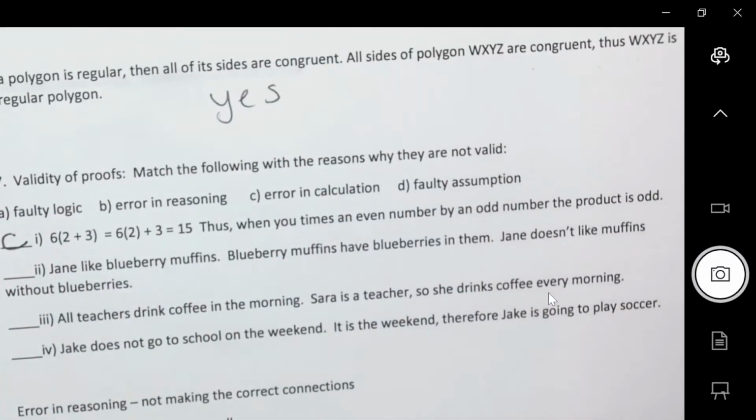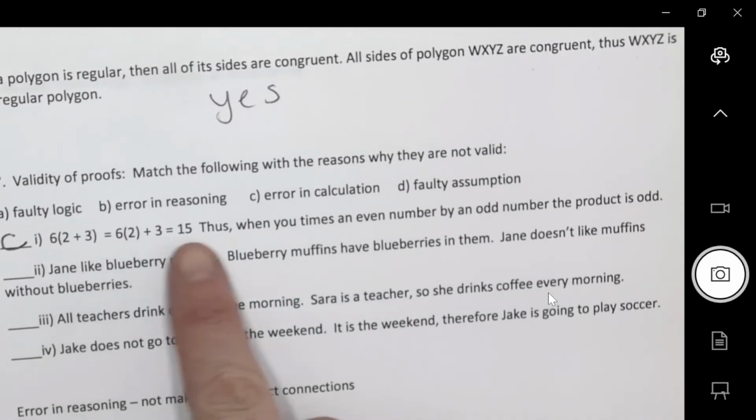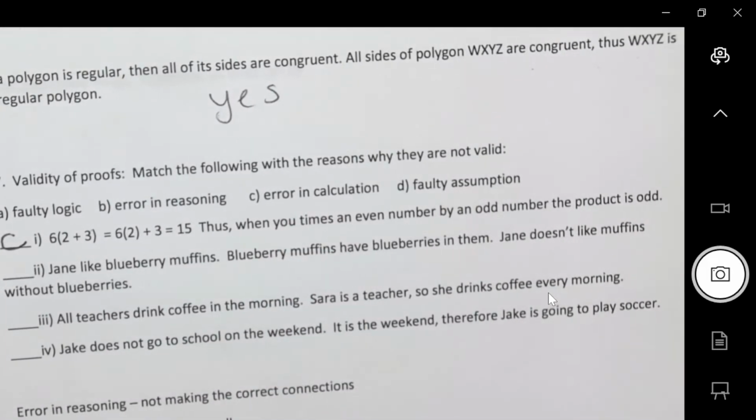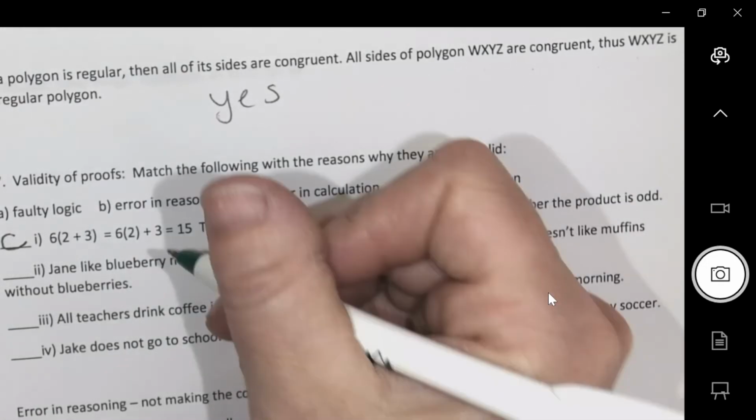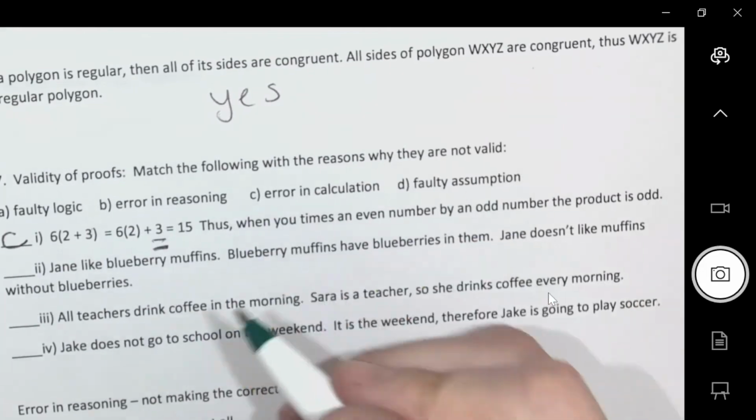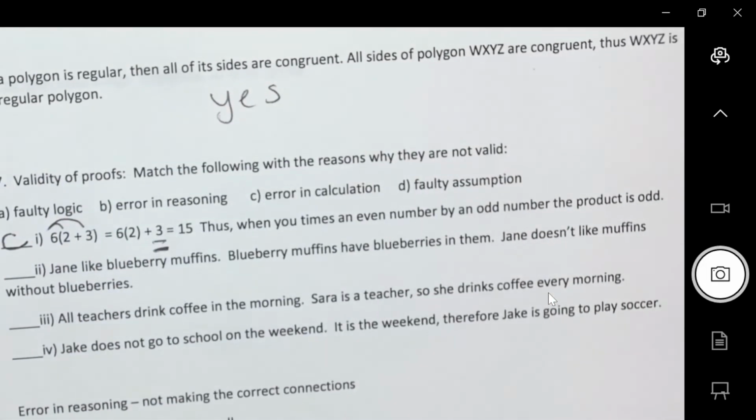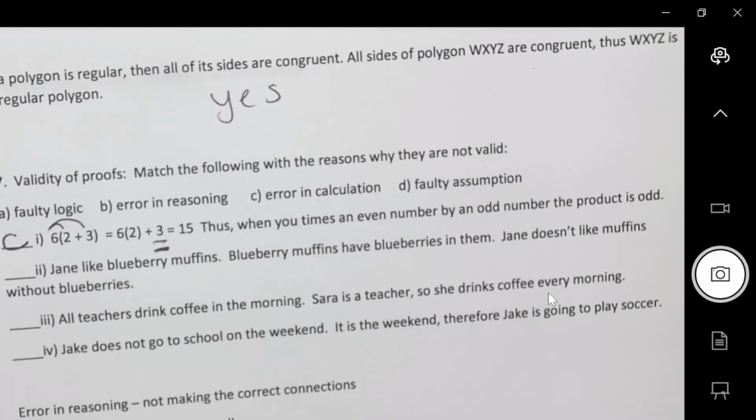So what was their error that they made when they were trying to work that out? They made a math error, an error in a calculation. Do you see what they did wrong? That's their error. They would have needed to times the 6 by 3 as well. Or their order of operations was wrong.